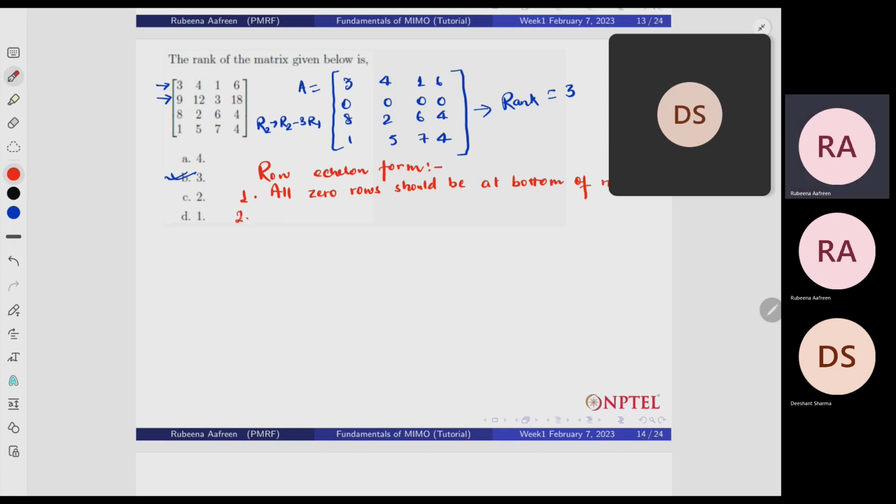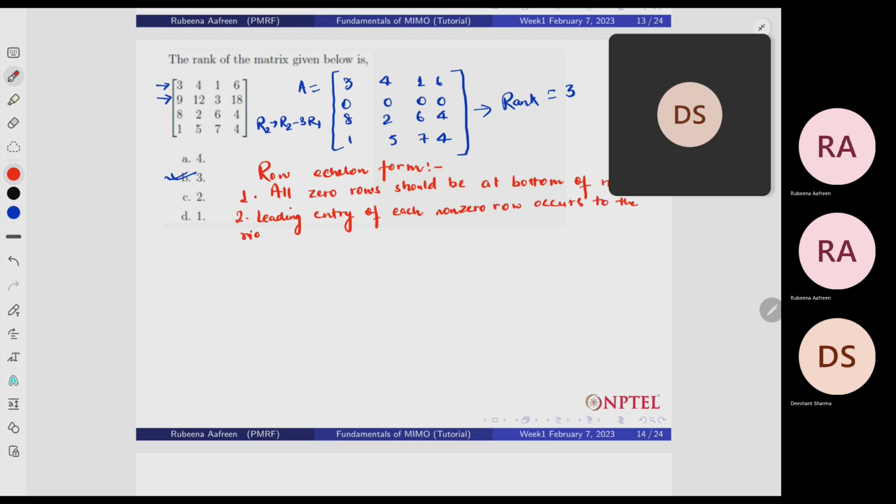And second thing is that the leading entry of each non-zero row will occur to the right of the leading entry of the previous row.